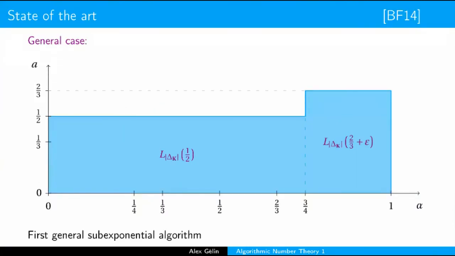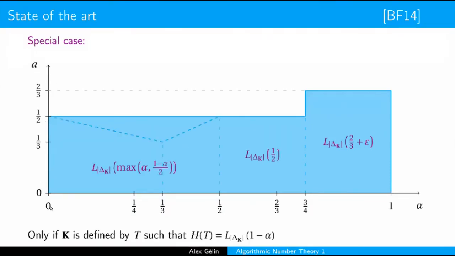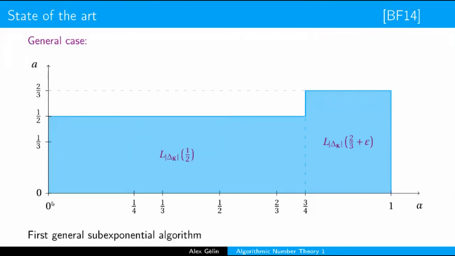Here is the state of the art about class group computations. In abscissa, we have the relative size of the extension degree. On the left, we have a number field of small dimension, 2 for instance, and on the other side, we have large degree, so cyclotomic fields.